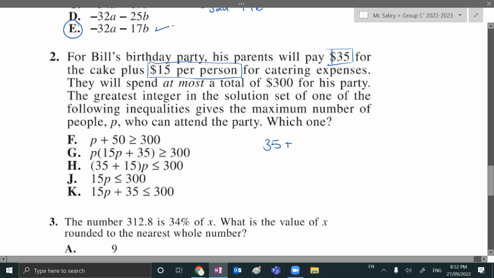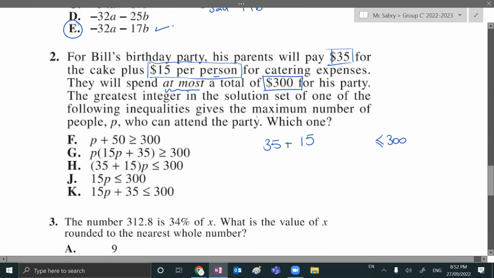For example, if they said 15 per person, 15 should be multiplied by the number of people. Let's say people are represented by P. Anyway, they said they will spend at most a total of 300. At most 300 means their payments must be less than or equal to 300.